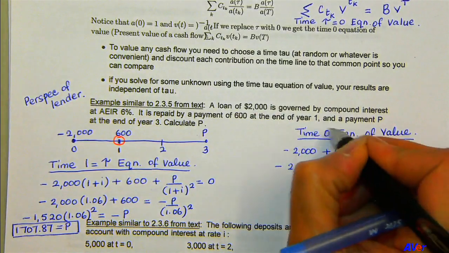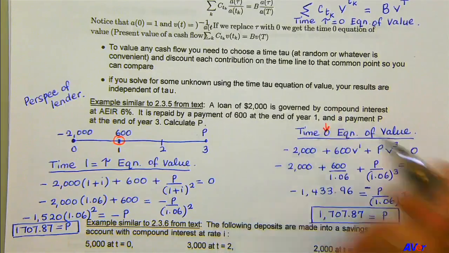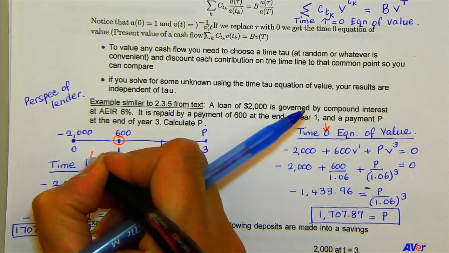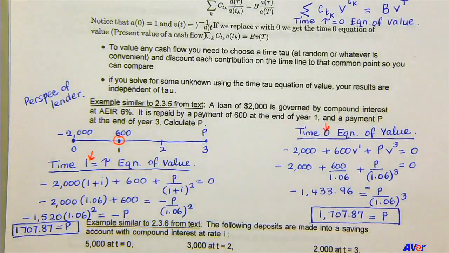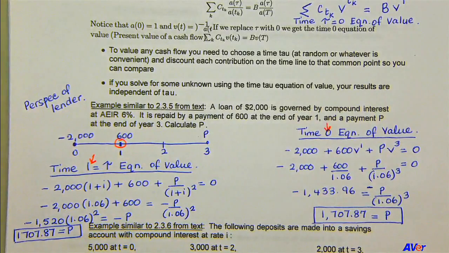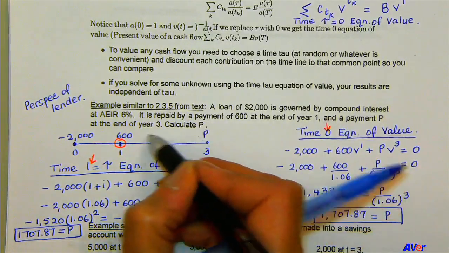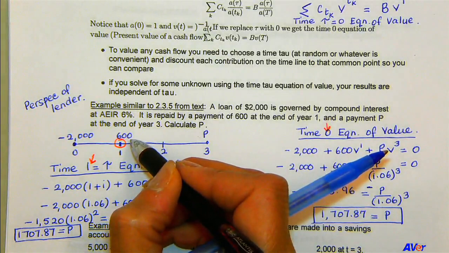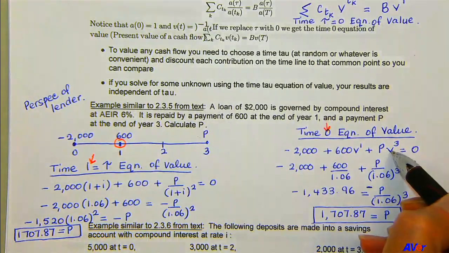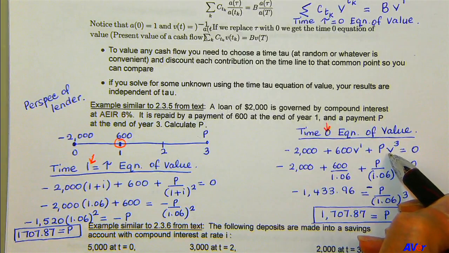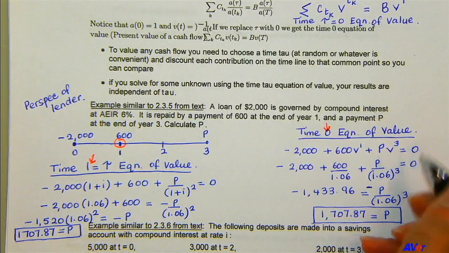Yeah, so this is the time 0 equation of value. This is the time tau equals 1 equation of value. So when I bring the 2,000 to time 1, I forecast it by multiplying by 1 plus i. Right? Similarly, this P only got brought back 2 places. Here, the P got discounted 3 places. Okay. You follow? Yeah, that makes more sense.